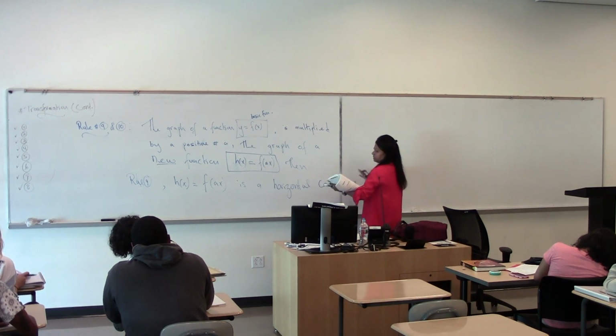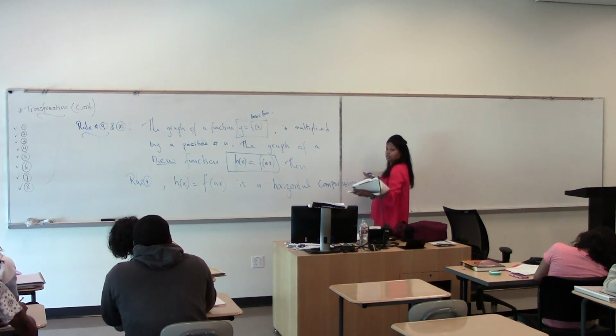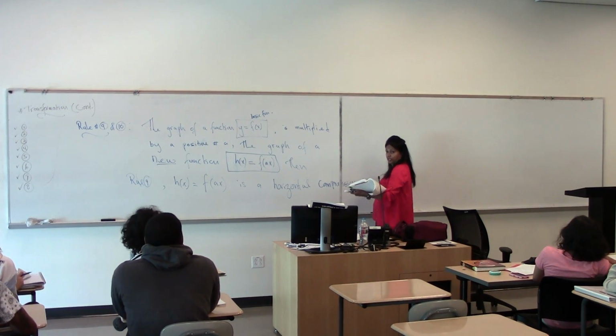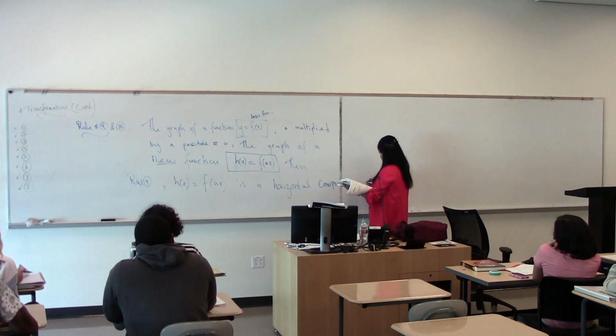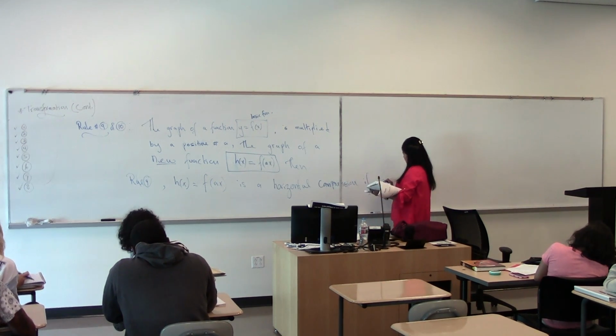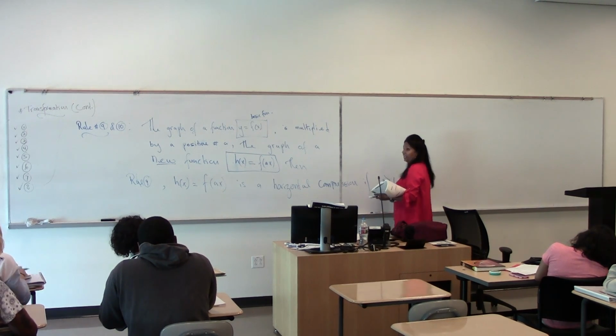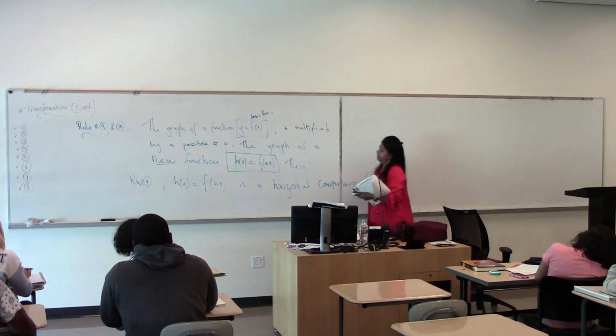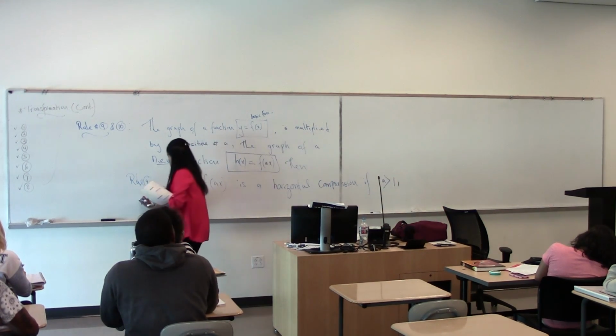What does compression mean? Horizontally compress means shrink, right? Horizontal compression if a is greater than 1. If a is greater than 1, we get a horizontal compression. And rule number 10.